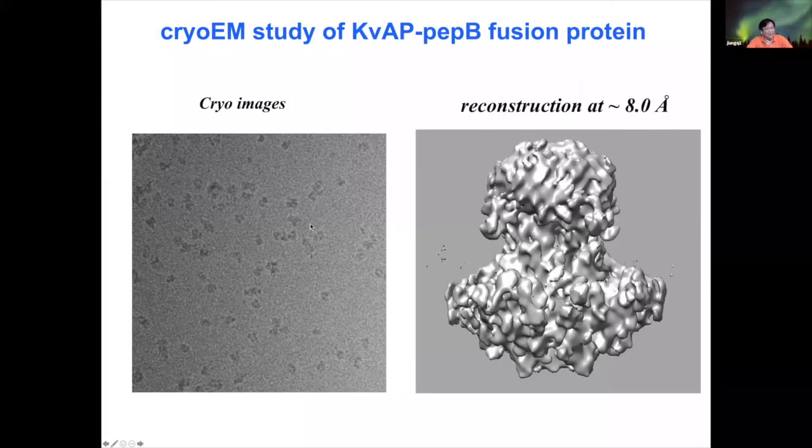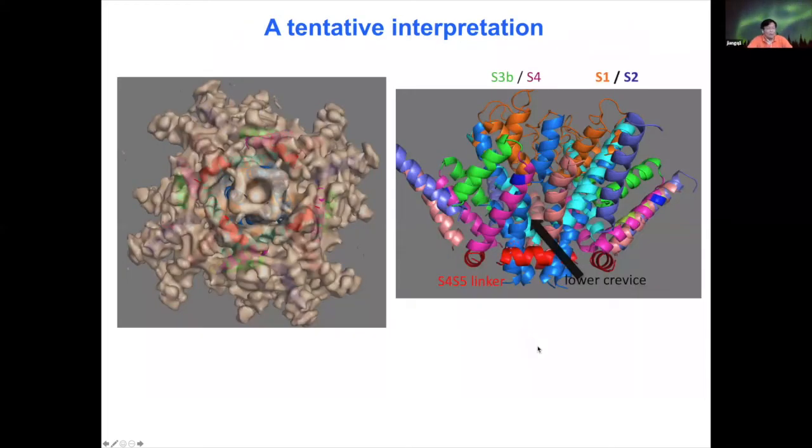Shown here is the condition we found that can keep the channel in the resting state. We are currently at around 8 angstroms. At this resolution, we can recognize the individual alpha helices, even though we cannot reliably designate them.